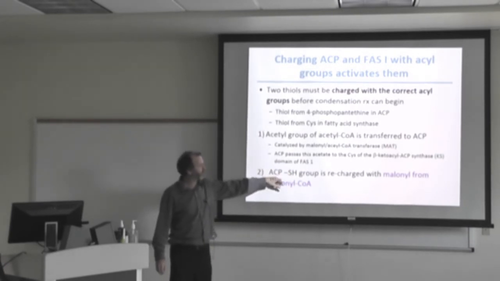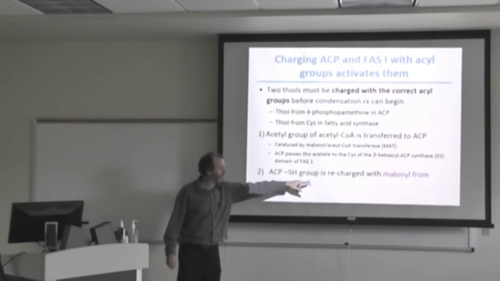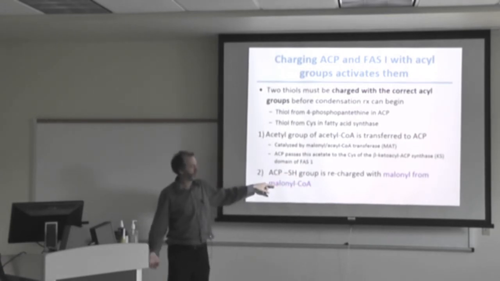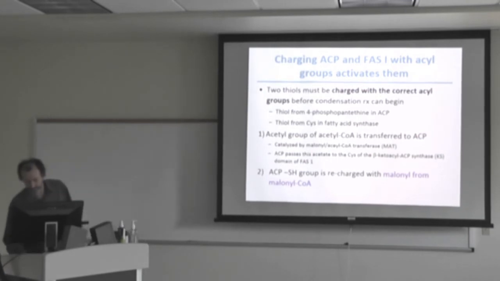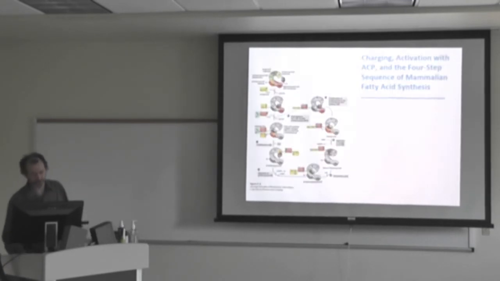And the acyl carrier protein thiol group is then recharged with malonyl from malonyl-CoA. So this is the charging activation with acyl carrier protein in the 4-step sequence of mammalian fatty acid synthase.